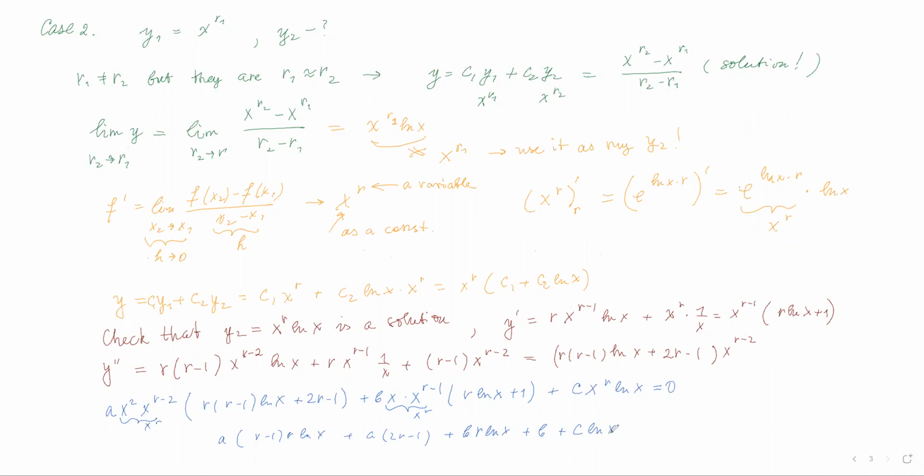So I'm going to combine terms with ln first, and unfortunately I'll need to go to a different page. Terms with ln are this. I think I should close, write down 0 here. Let me move to a different page and keep x to the power of r outside of parentheses. So I have ln of x, ar, r minus 1 plus br plus c.